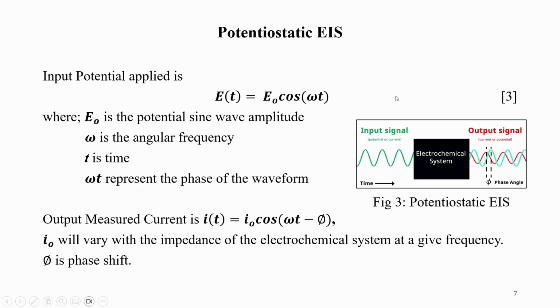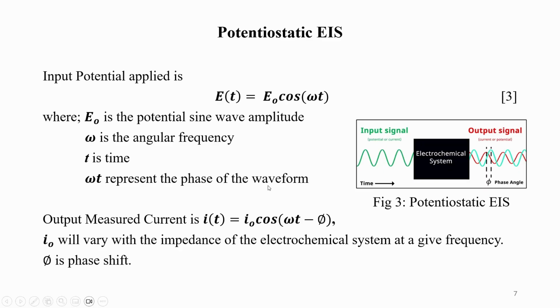Here we focus more on potentiostatic EIS. In this method, the input potential is described by the equation E(t) equals E0 cos omega t, where E0 is the amplitude, omega is the angular frequency, and omega t represents the phase of the waveform.